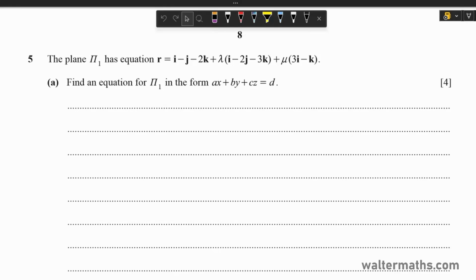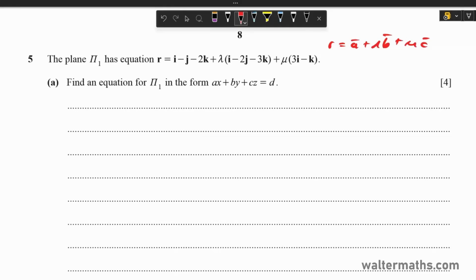So on part A, they say find an equation for pi1 in the form ax plus by plus cz equal to d. So here we've got the equation of the plane in this form. Technically that's the form r is equal to a plus lambda b plus mu c. So this is the form the equation of the plane is in.